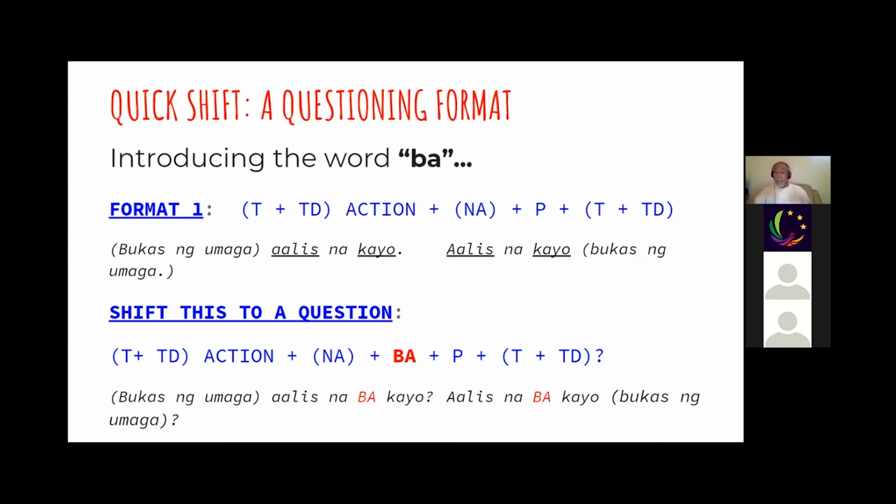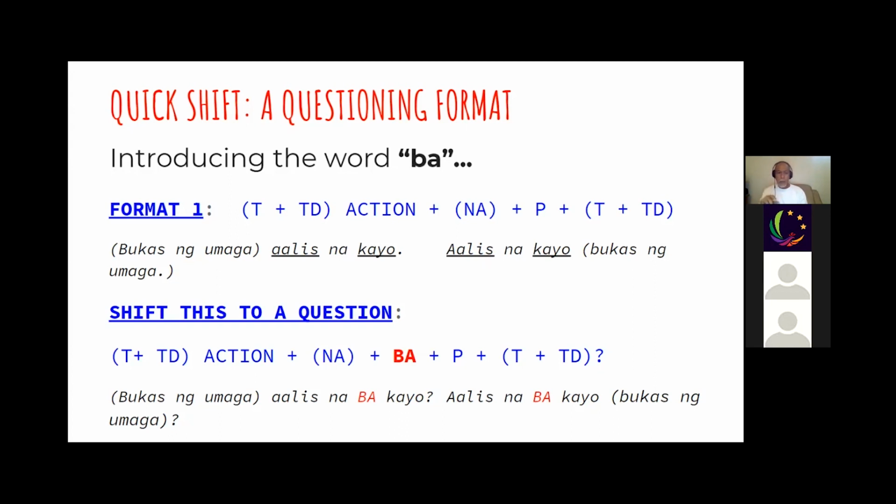Ka? Yes, the ka pronoun. The ka is the queen of all the pronouns. She will have to be the first, right? Kumain ka ba as opposed to kumain ba sila, right? The ba makes it definitely a question.